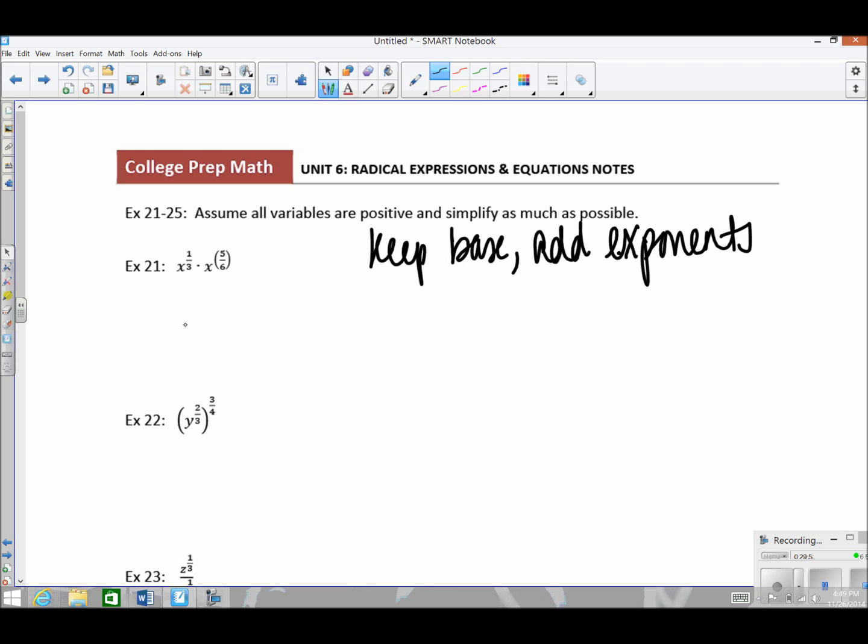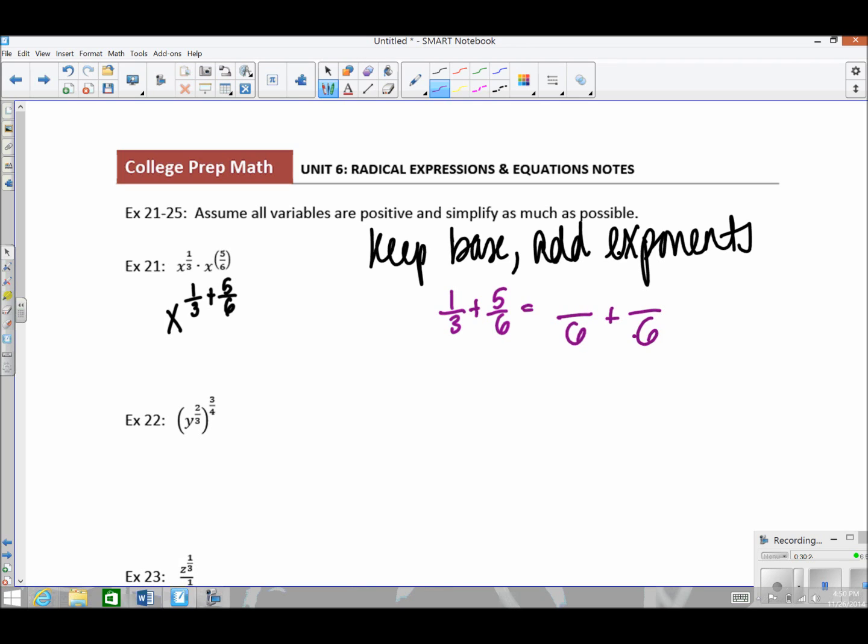So when I do this, I keep the base and I add 1/3 plus 5 over 6. And if you remember, when you add fractions, you've got to get a common denominator. So off to the side, I'm going to do the addition. Our common denominator is going to be 6.